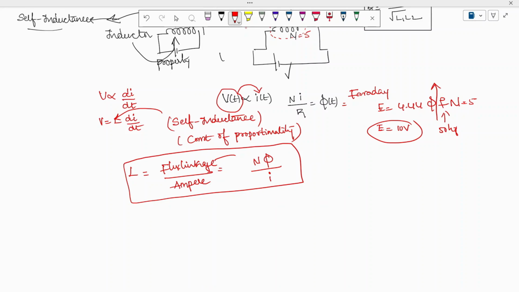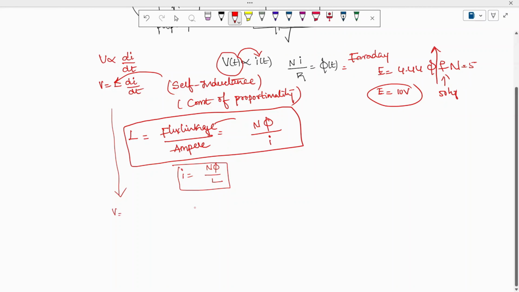Now I require the value of I. So I is equal to N phi divided by L. Use this value in the expression: V is equal to L d by dt of N phi by L. Since 1 by L is a constant and N is also a constant, we can write it as d phi by dt.